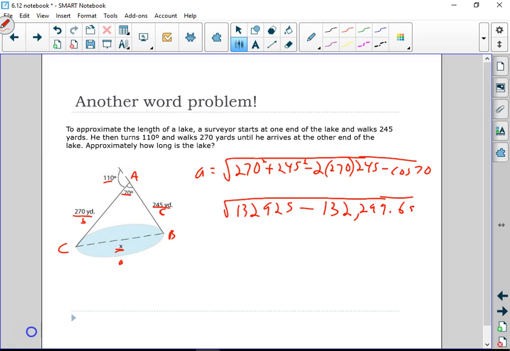132,299.658. I'm just going to put it because it's not that many decimals. So now I'm going to do the square root of 132,925 minus 132,299.658. That gives me A is equal to 25.01.